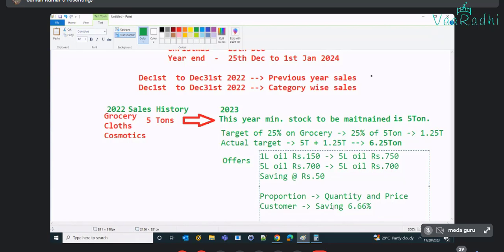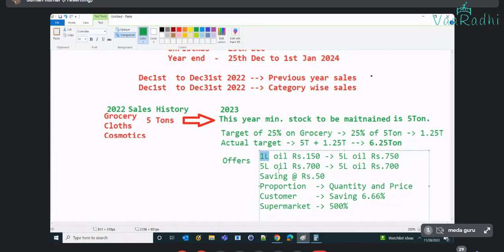Now, supermarket guys, what are they achieving here? How many times are they increasing their sales? 500%. If I say 500%, is my statement true or false? Where a customer came to the supermarket to purchase only 1 liter oil, just think of this scenario.